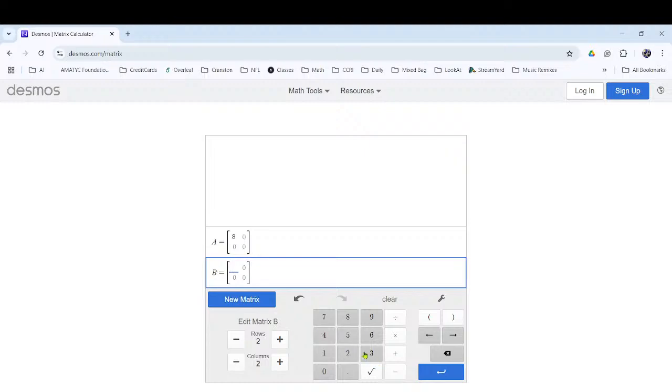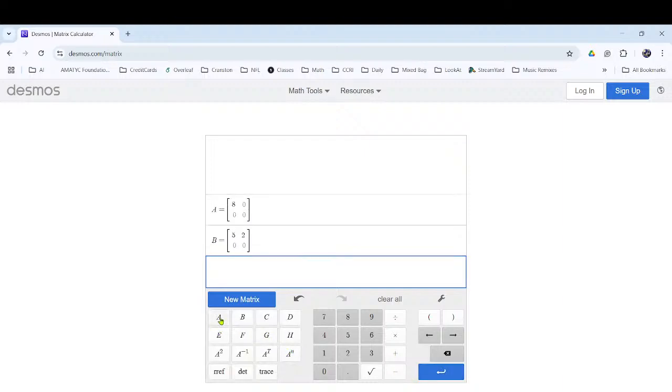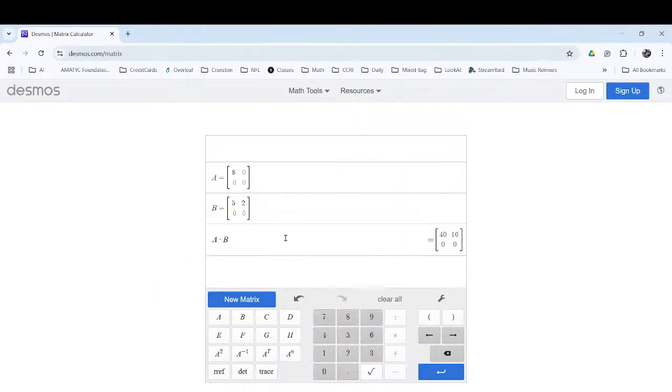It uses capital B, 5, 2, and so on. And then A times B. And it would give you the answer there, which is not the answer that's different because it's not what we had for A and B, but for time's sake. So if you wanted to check your answer, obviously you could do that using a calculator. You could also do your homework pretty quickly that way.